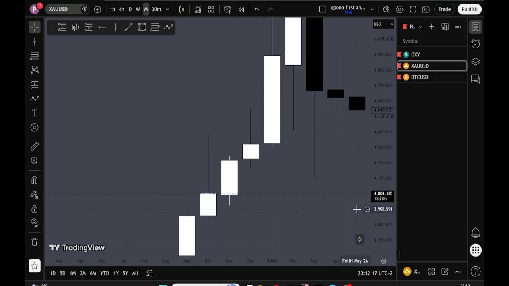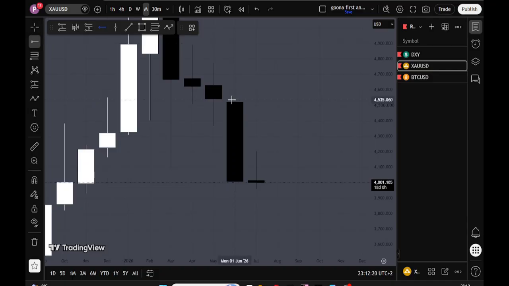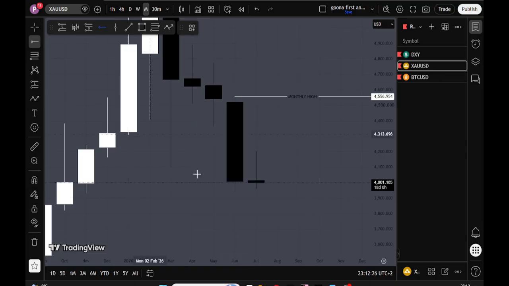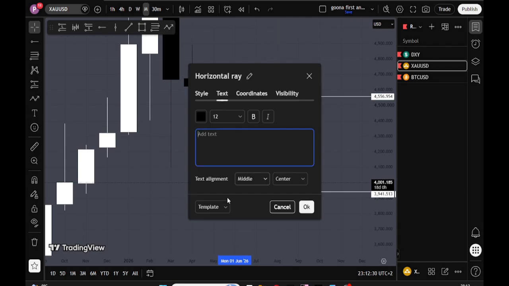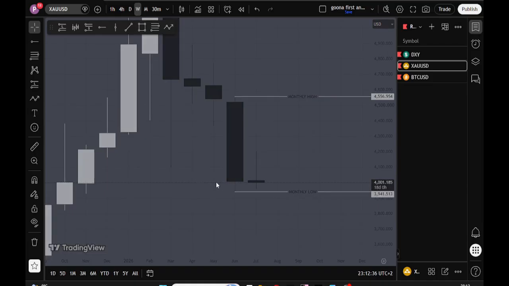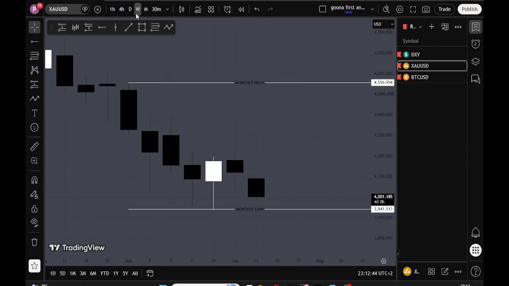So monthly high and monthly low. Or let's not use the monthly, let's use the weekly, because I can see it pushing here. Even on the weekly it's still pushing, so it's fine.